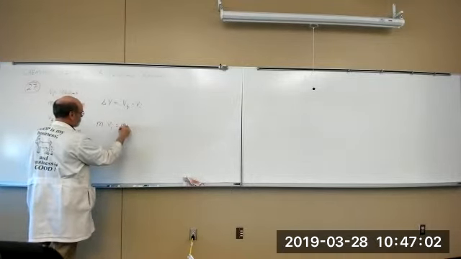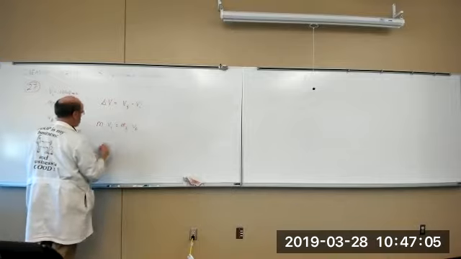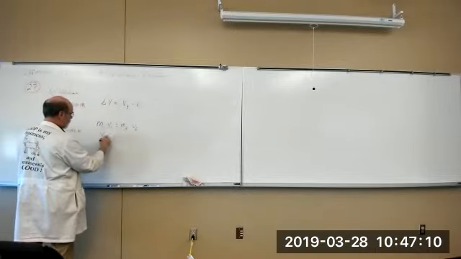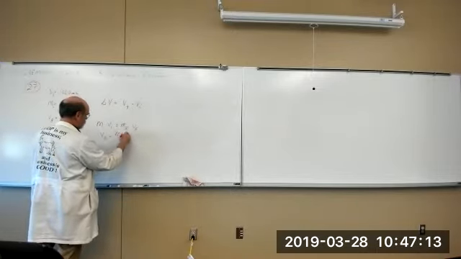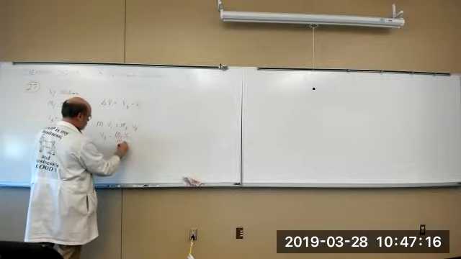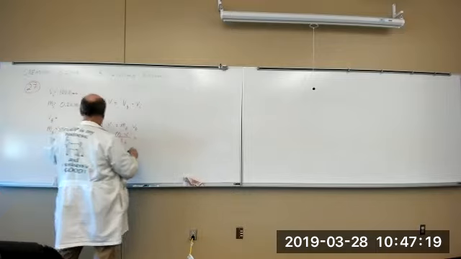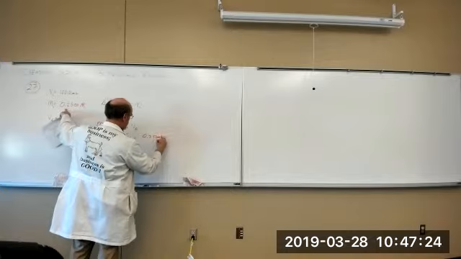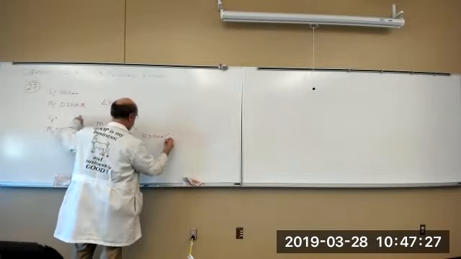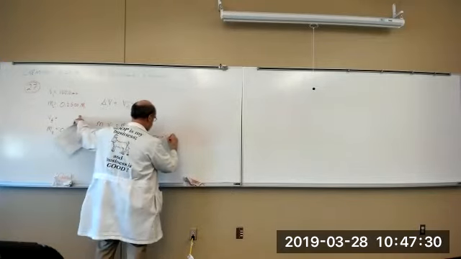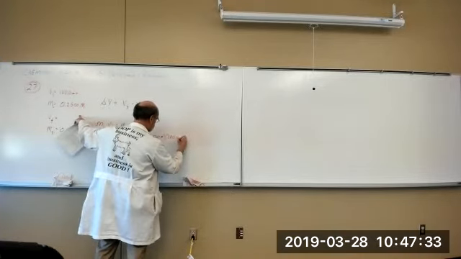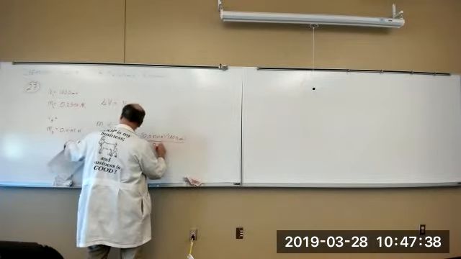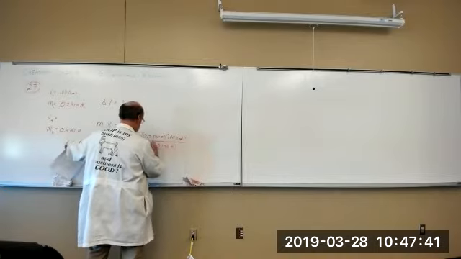Right? So we just say MiVi equals MfVf, and we're going to solve for the final volume. So that's MiVi divided by Mf. So we have the initial molarity, 0.25 molar, times the initial volume, and we can leave it in milliliters because it's a ratio, divided by the final molarity, 0.4142 molar.